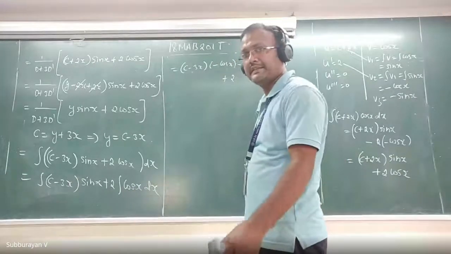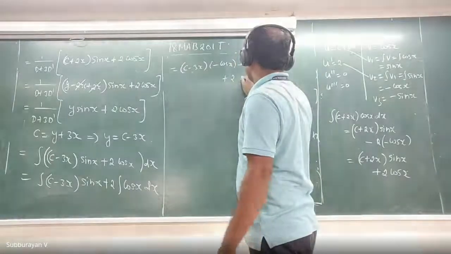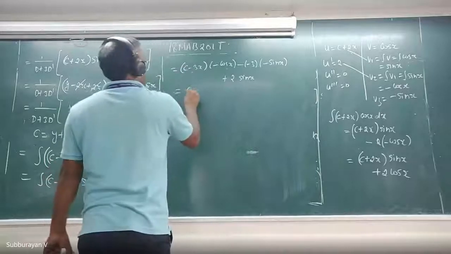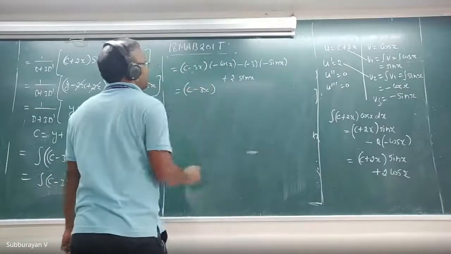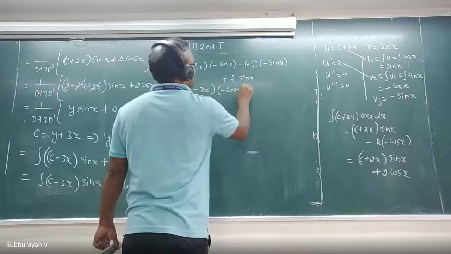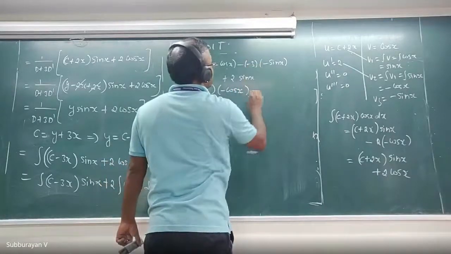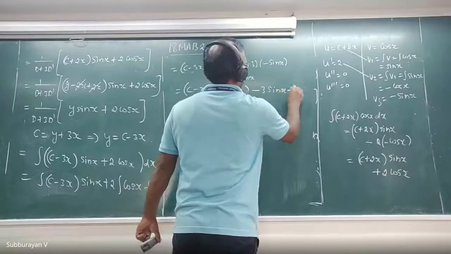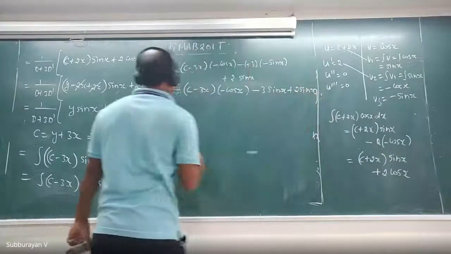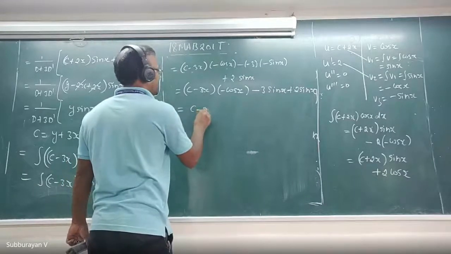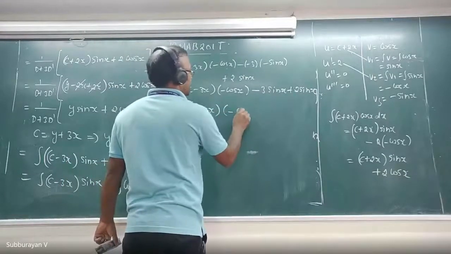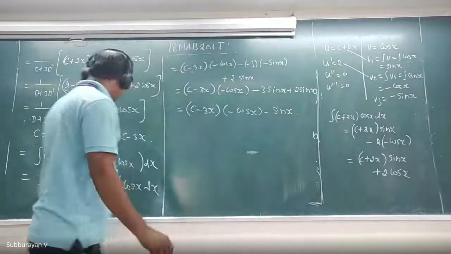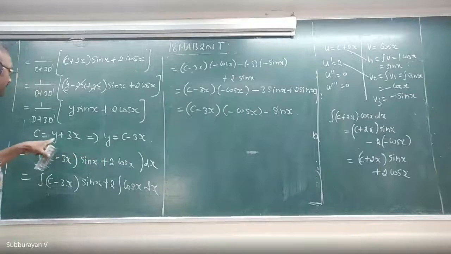Integration of cos x is sin x. That is c minus 3x into minus cos x, and then minus 3 times sin x plus 2 sin x. Therefore this is c minus 3x into minus cos x minus sin x. Again, what is our c? C is nothing but y plus 3x.